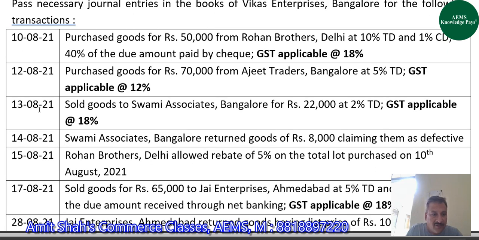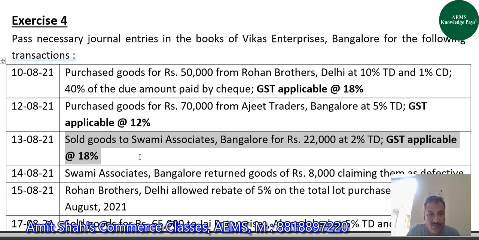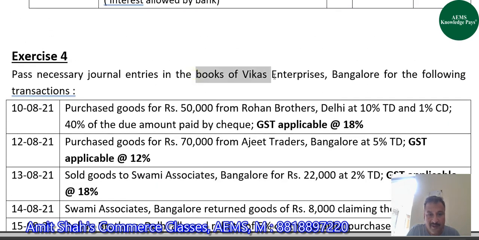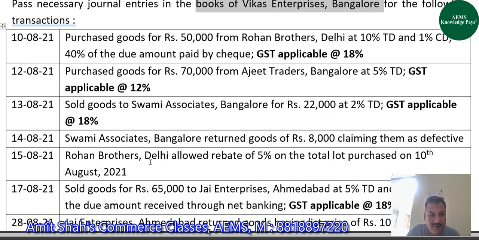Next transaction, guys, of 13th August that we have is sold goods to Swami Associates Bangalore. Our trader is of Bangalore, that is Vikas Enterprises.